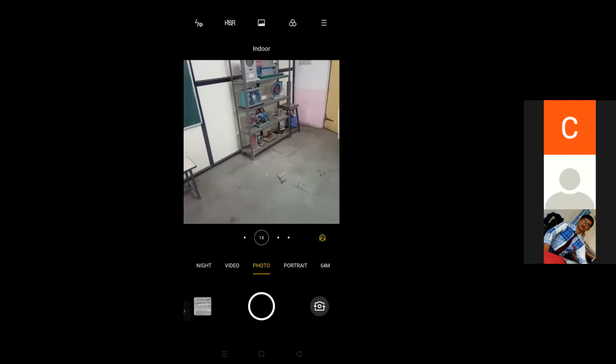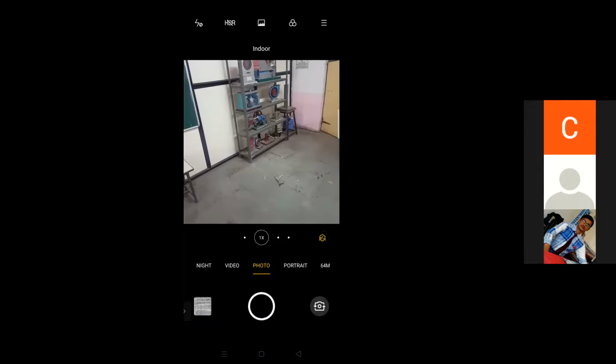In meter, how much will it be? 0.165. Okay. Have you noted the value of x?